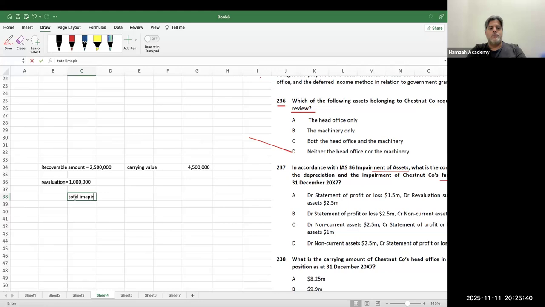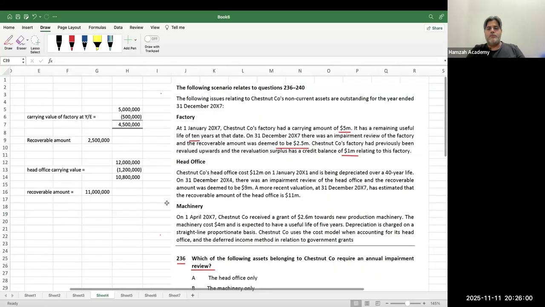So total impairment is 4,500 minus 2,500, which is 2 million over here, right? And this carrying value is on 1st January. No, I have calculated the carrying value at the year end. So 500,000 has been charged for the depreciation. Recoverable amount is 2.5 million over here, no?